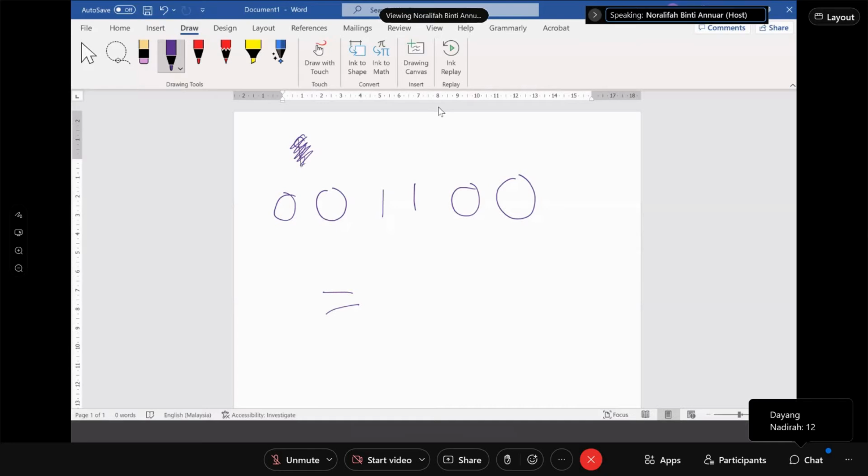Well, good Patrick. So how you get 12 is, ingat the position you start with 0, 1, 2, 3. So yang ni tak payahlah, 0 kan. So in binary is base 2. So 2 to the power of 3 plus 2 to the power of 2.